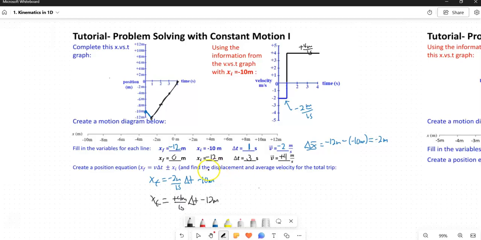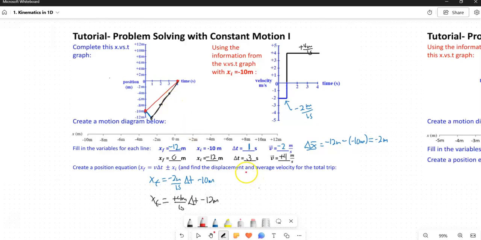And they want to figure out the total displacement from beginning to end, and the average velocity. Okay, so total displacement, let's do that. Pretty easy to answer this question. From beginning to end, it starts here at negative 10 and ends at positive 1.